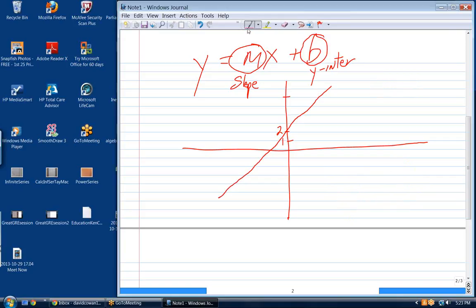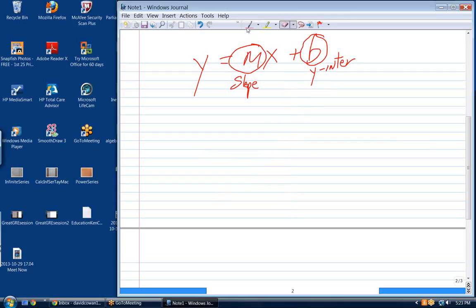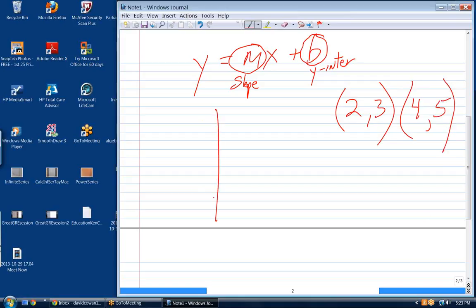Let me make it a little harder here. I am going to give you 2 points and have you give me the equation that describes these 2 points, without graphing it.